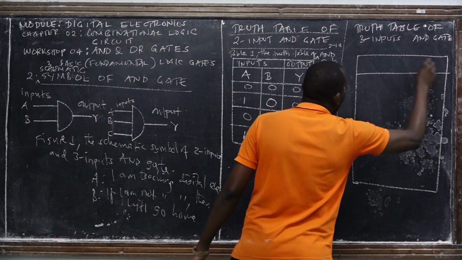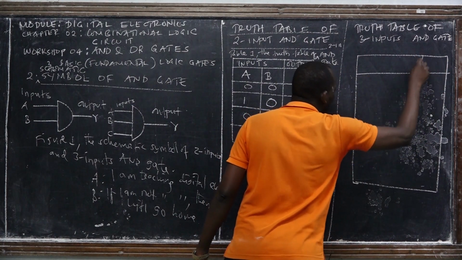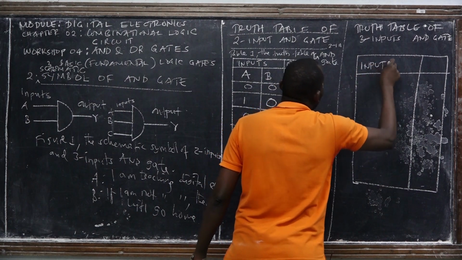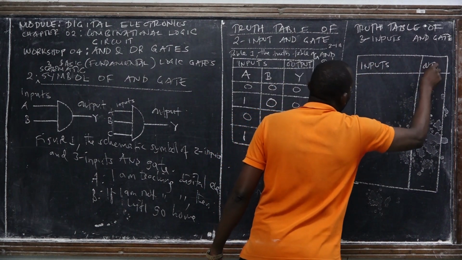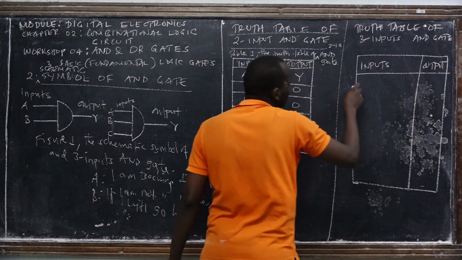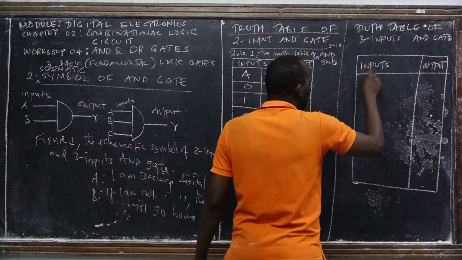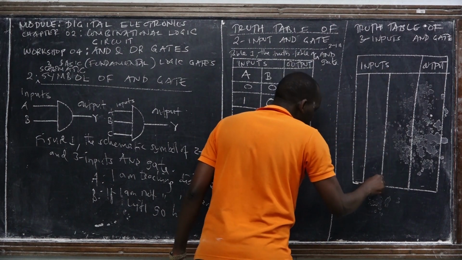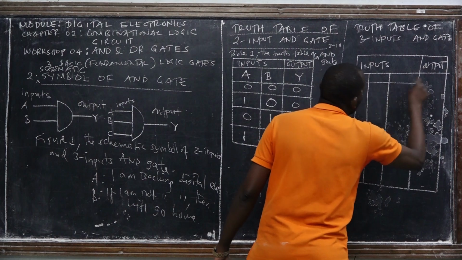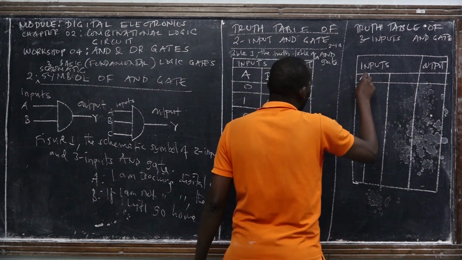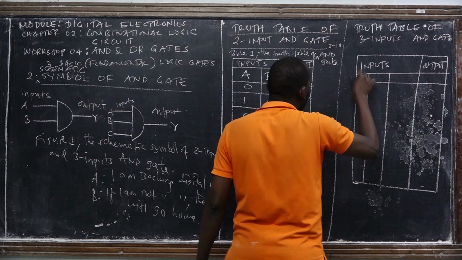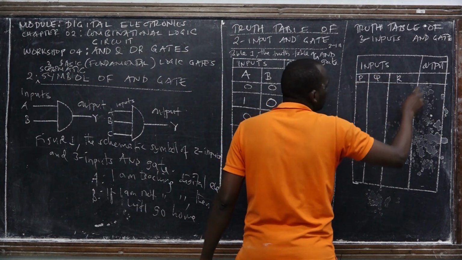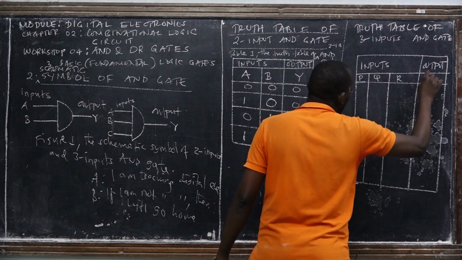Remember that we always have the part we call input and the part we call output. So this is inputs, this is output. Then we have 3 inputs: first input, second input. Let us call this A. It's not compulsory to call it A; you can call it P, Q, R. Then this one, let us call it Y.